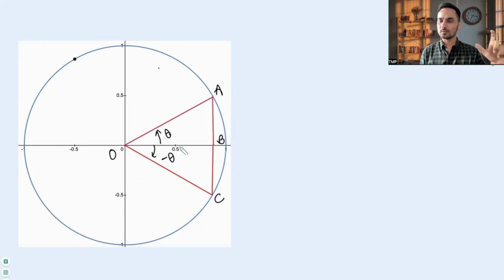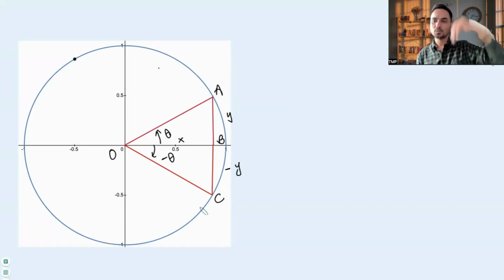We can label OB as X, AB as Y, and BC as negative Y, because it is in the fourth quadrant, and in the fourth quadrant, the Y value is negative. And the radius of the circle is 1. So OA is 1 and OC is also 1.